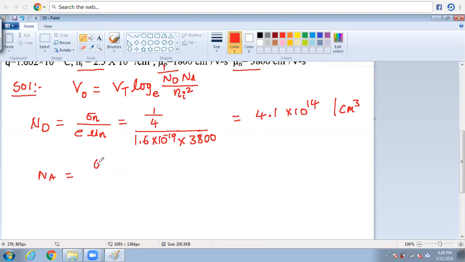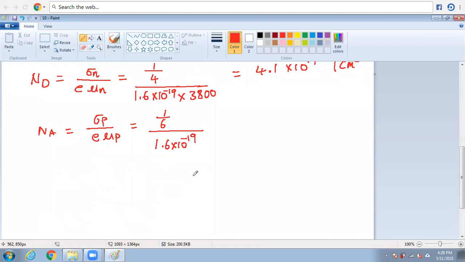Na equals sigma P by E mu P, which is inversely proportional to the resistivity. So 1 by 6 into 1.6 into 10 to the power of minus 19. Mu P value equals 1800 centimeters squared, I will write directly 1800. Doing all the mathematical part, the final value is 5.78 into 10 to the power of 14 per centimeter cube.